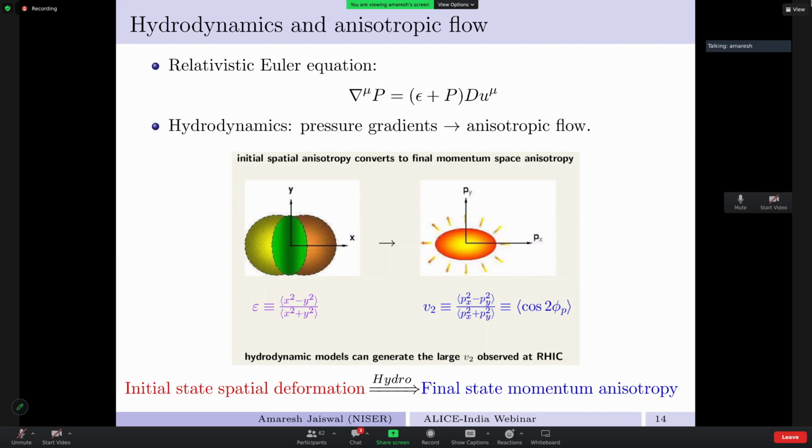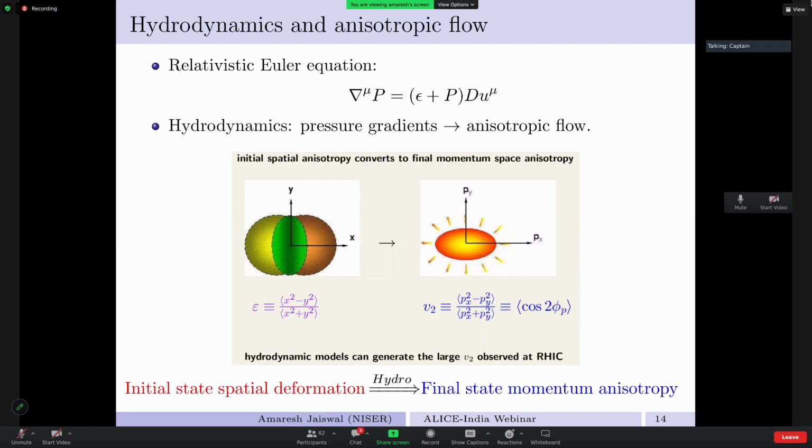So if you don't have this, then you don't have the alpha. I mean, then there's one variable less anyway. If you don't have an equation to solve, you don't have a variable to solve for. So then the set of equations should be closed. So there is no issue. Even if you don't have a conserved current, so what? Whatever variables you have, the number of equations should be the same, if everything is correct, of course, provided that you have an equation of state as well.